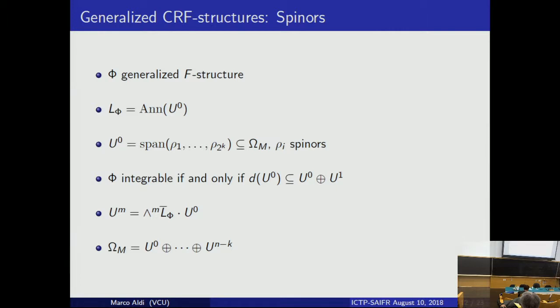Right. So now for generalized CRF structures, you have that phi is integrable if and only if one is the condition that we have here, the U0 goes to U0 plus U1.